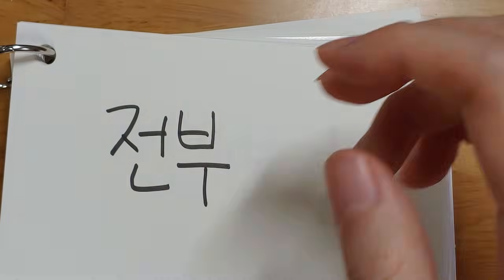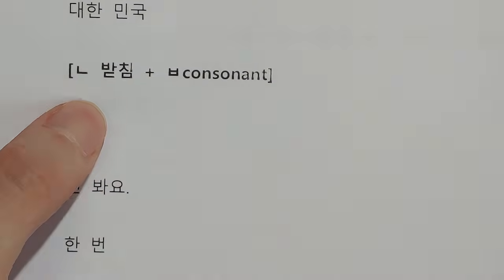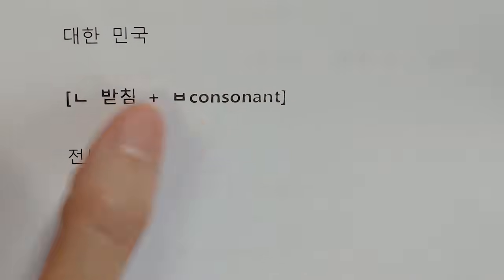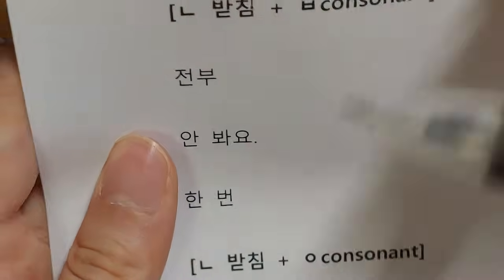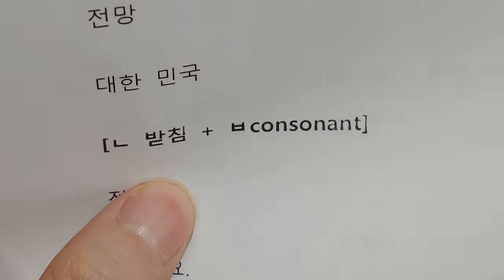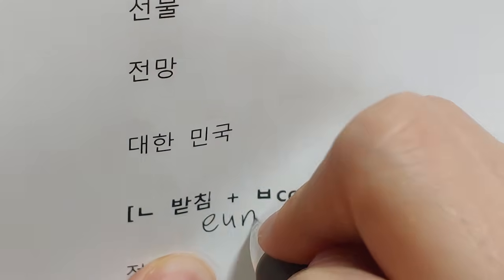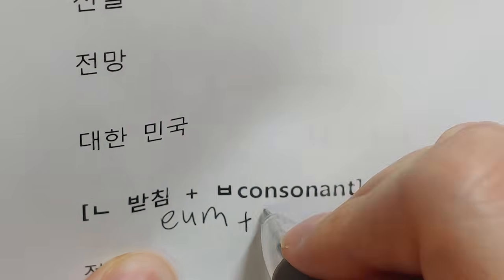그다음에 same with 니은 받침 when it's combined with 피읍 consonant. Here also 은 gets assimilated to ㅁ and then you put ㅂ.